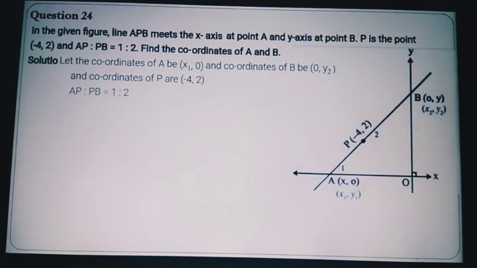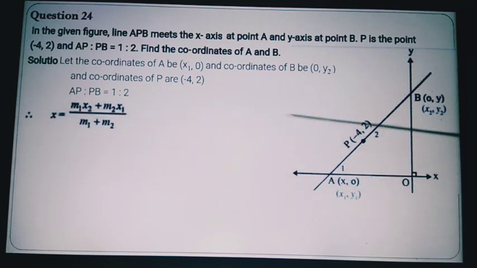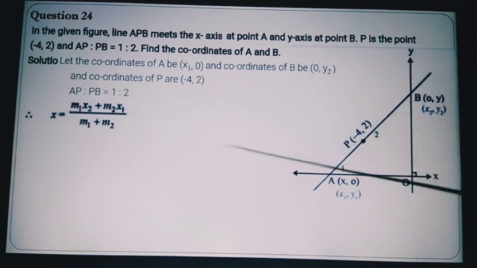AP is to PB, that is m1 is to m2, is given to be 1:2, and we know that x is given by this formula. Now what is x? x is -4 here. So x equals m1 is 1, x2 is 0, m2 is 2, x1 is x1 itself, as we don't know its value.